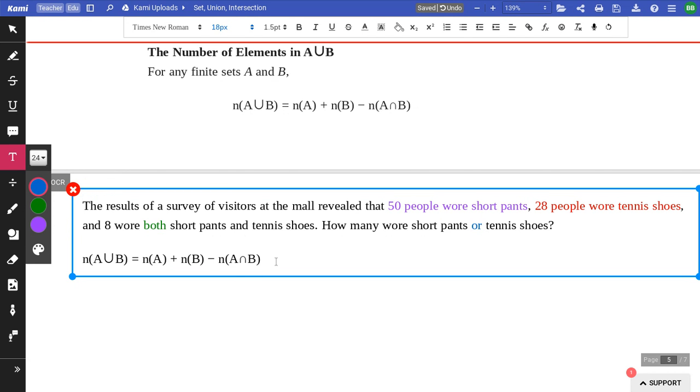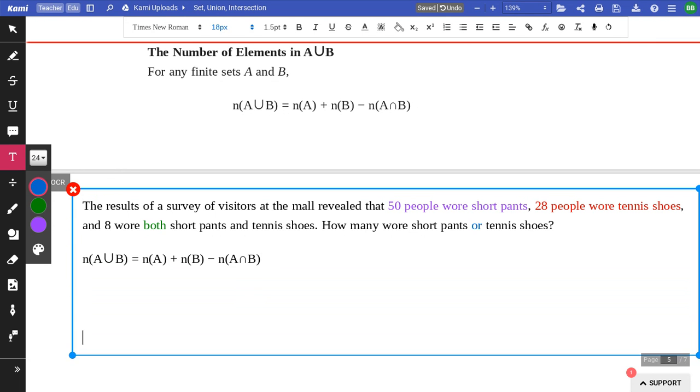Let's go ahead and solve this problem. So let's start off by labeling a couple of things. Let N of A represent 50 people who wore shorts. So we are solving for the or. So we're solving for this right here.